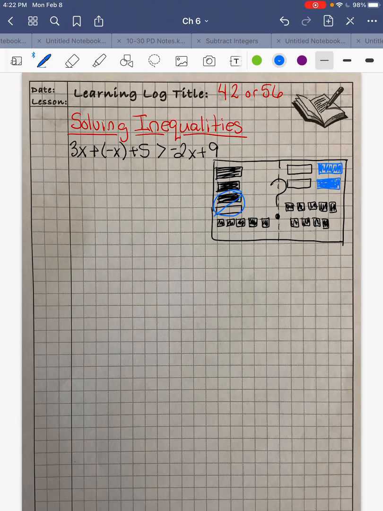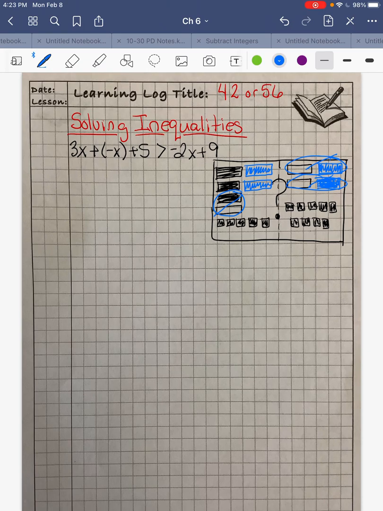I'm shading them in because they're positive. But if I add 2 positive x's to that side, I have to do the same thing to both sides. That's considered a legal move. So add 2 x's to each side. That keeps it balanced. And now I did create 0 pair, 0 pair, and those are gone.